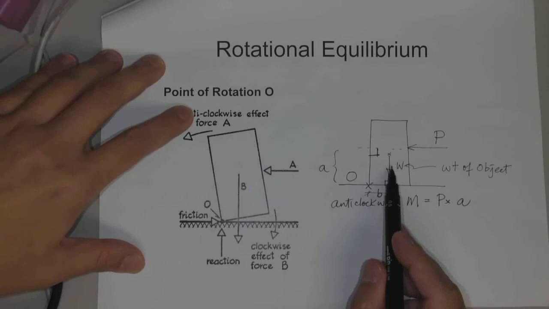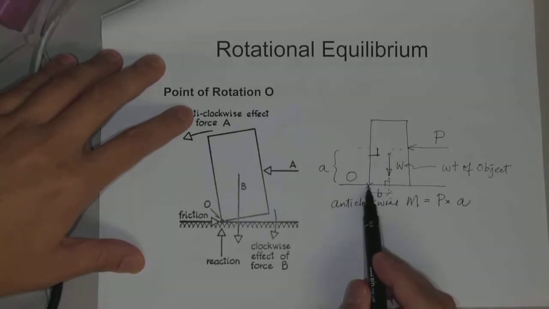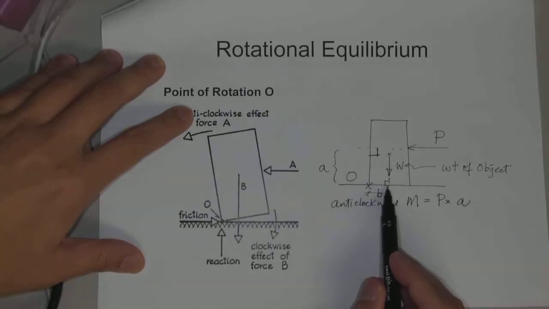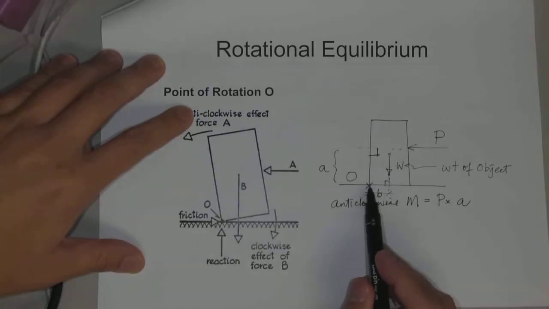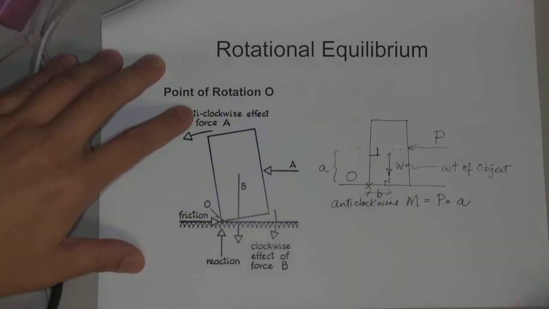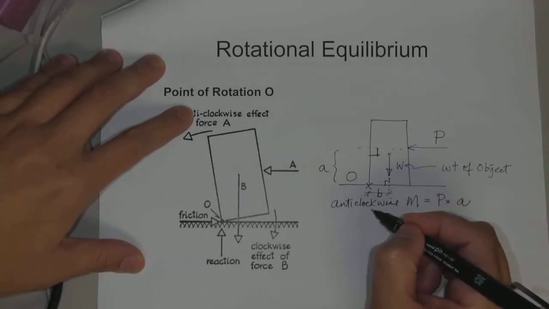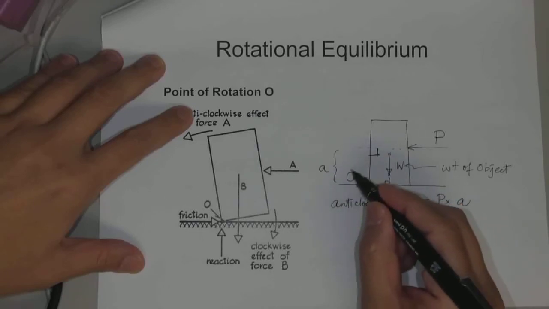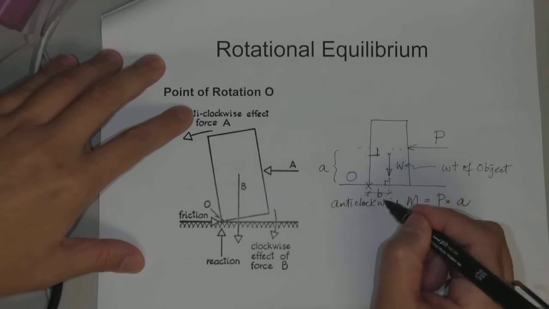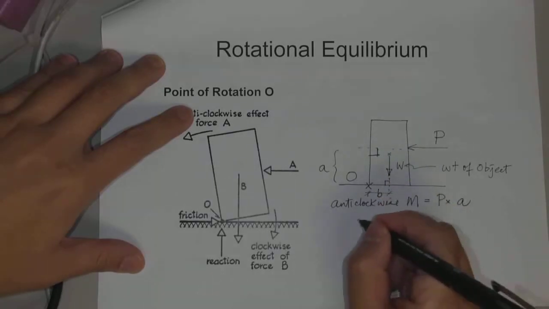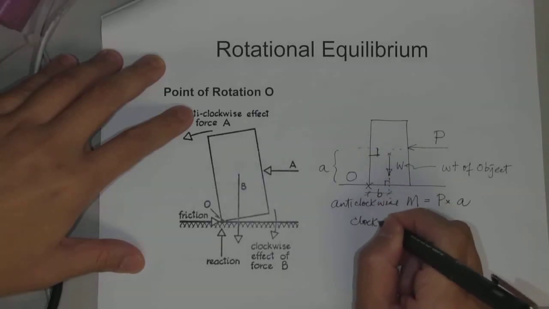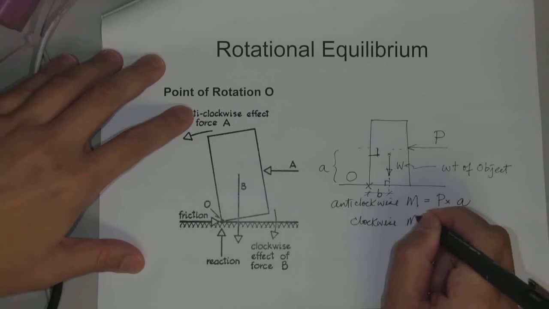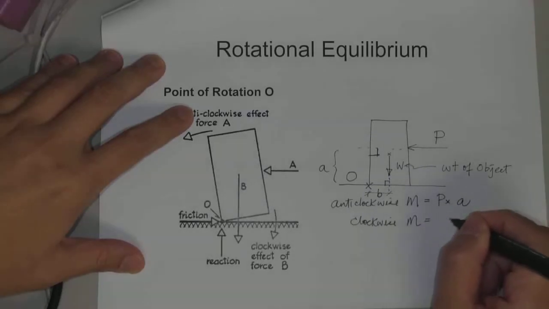This will give me a clockwise moment. So I also have a clockwise moment M, which equals W times B.